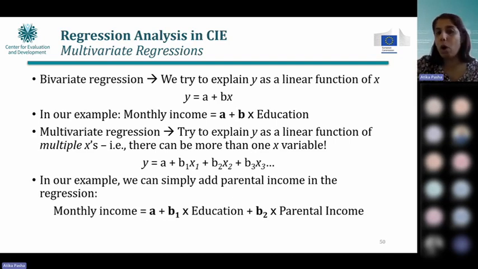In this case, one more x variable, which is parental income. So while a bivariate regression looks like this, a multivariate regression would look something like this, wherein here is your years of education and its impact on income, but you now also include parental income as a term and its impact on income as a variable.